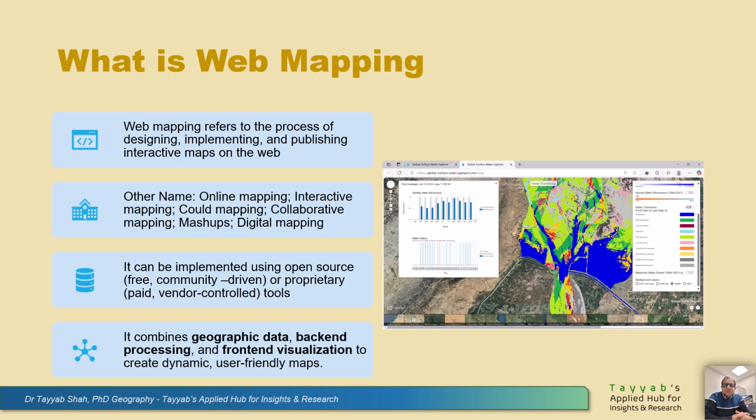So most of the talk in this course will be focused on geographic data, but definitely linked with web mapping. We need to understand what backend processing and front-end visualization options and tools are available and why we need them.